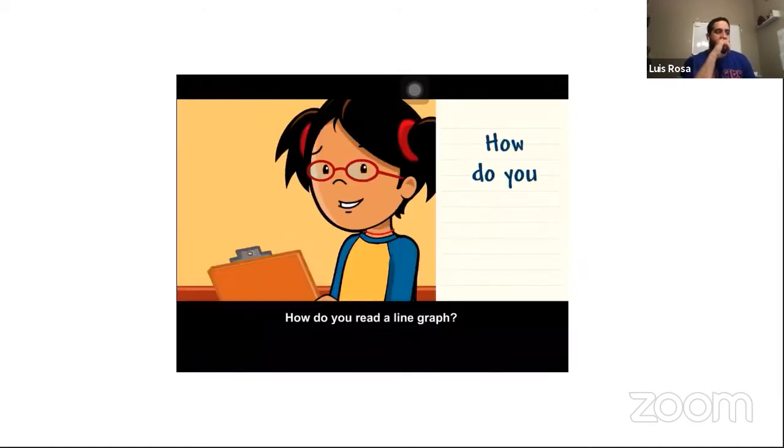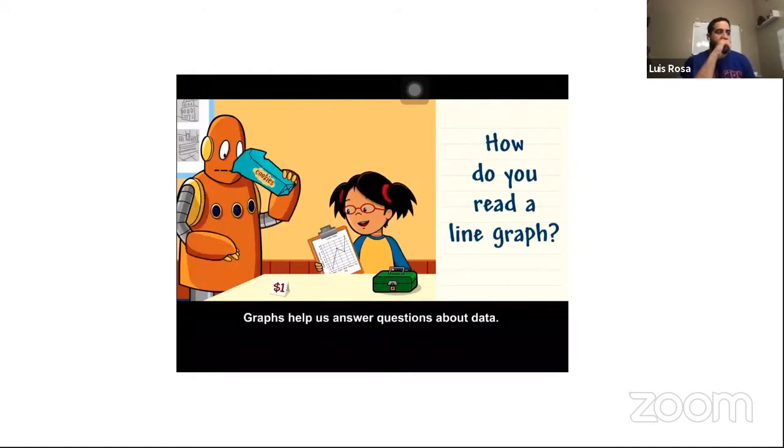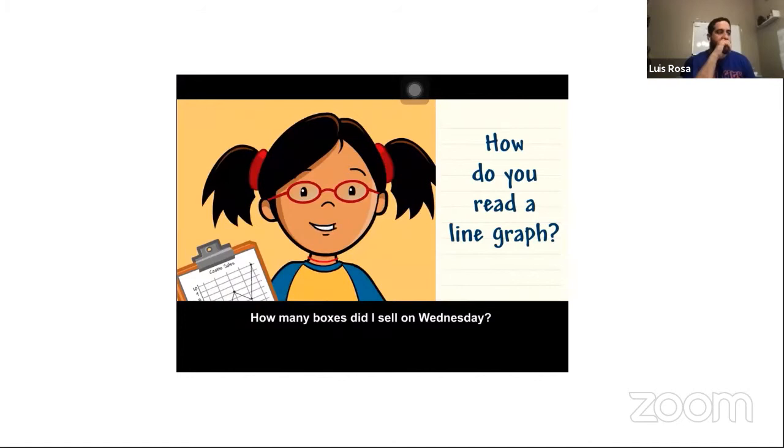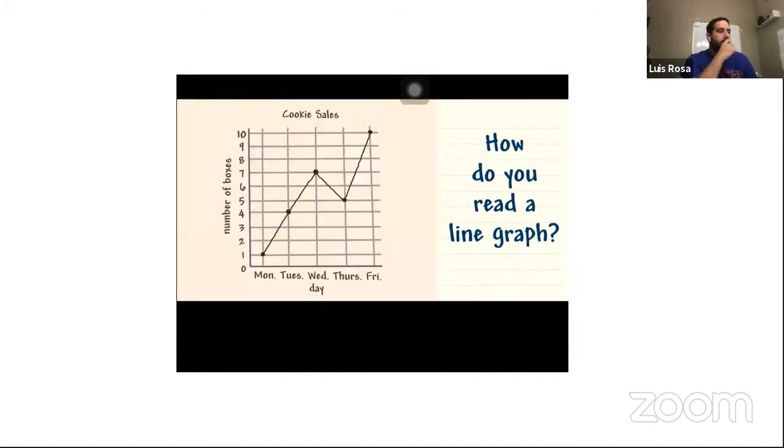How do you read a line graph? Graphs help us answer questions about data. How many boxes did I sell on Wednesday? To read a line graph, look at where the point lines up along the x-axis and y-axis. Look for the day of the week on the x-axis. Go up to the point and see where it lines up along the y-axis.